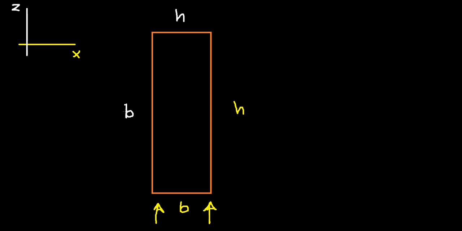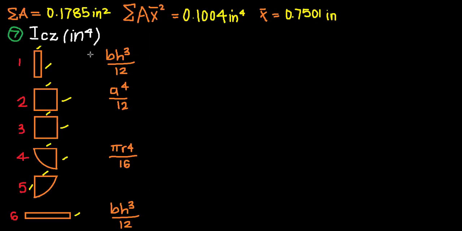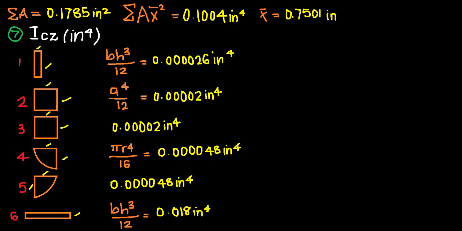If you're basing it upon the vertical axis, this is now your base, since it's parallel to the vertical axis, and the other side is our height. And these are the values that you're going to substitute in its specific formula. So now that we know which values to input in our formula, let's solve to get our moment of inertia for each shape.